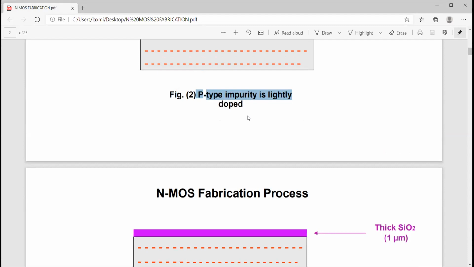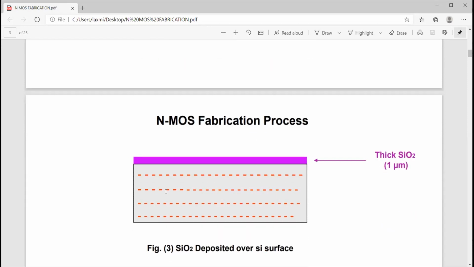That is not used in electronic devices; either the positive or the negative charge must be higher. So we cannot use pure silicon as a substrate. We need to dope with either N-type or P-type material. To fabricate NMOS, we take the substrate as P-type, and we write P here.